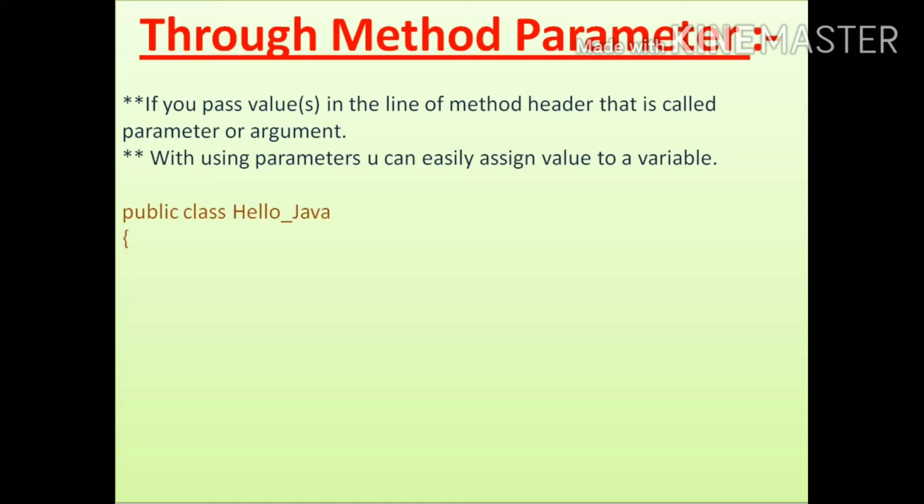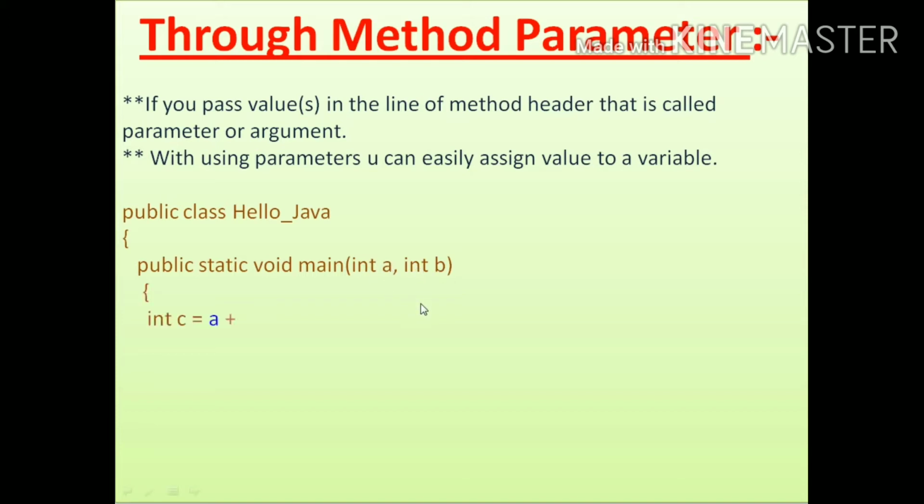So the class is HelloJava, public static void main int a, int b. Those are the parameters, that is the method header line, and I pass two variables, a and b, and the data type will be int. You have to write like this.